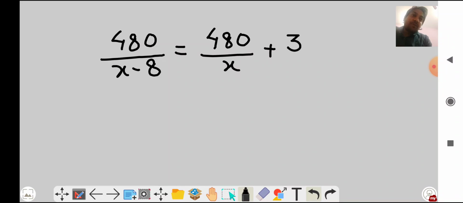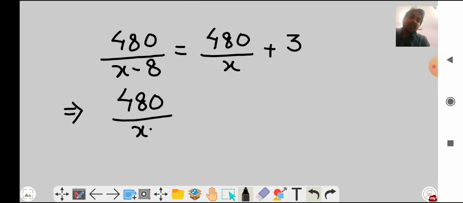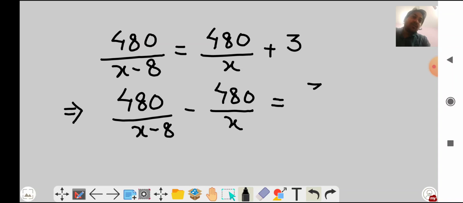Or you can say, making the simplification, 480 upon x minus 8 minus 480 upon x is equal to 3.